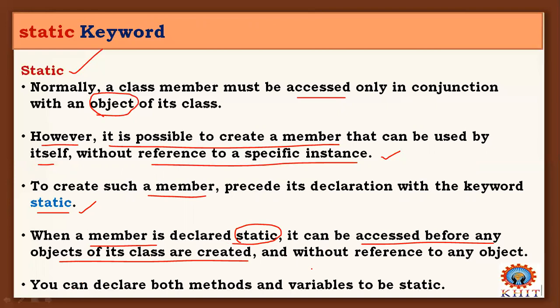A static member, either a variable or a method of a class, can be accessed before any object of its class is created and without reference to any object. And you can declare both methods and variables to be static members of the class.